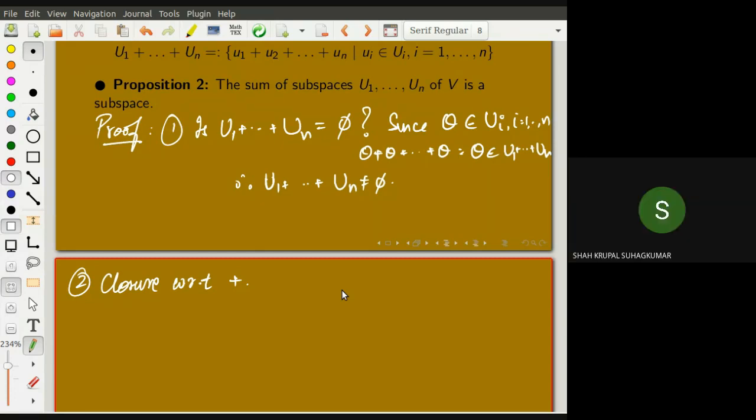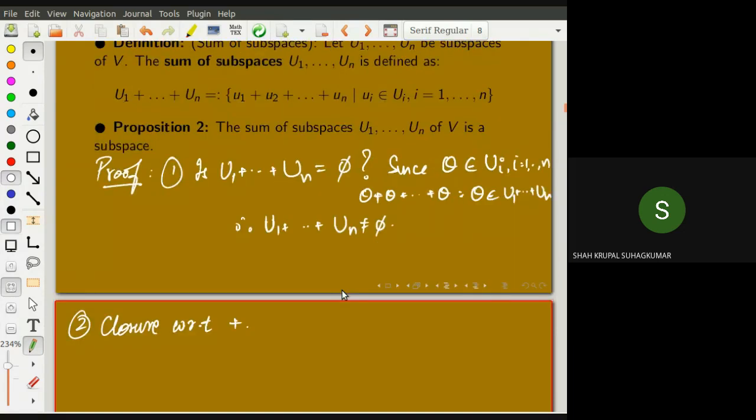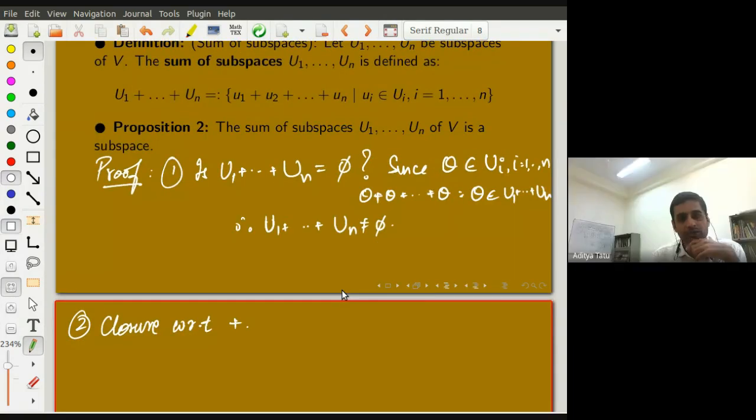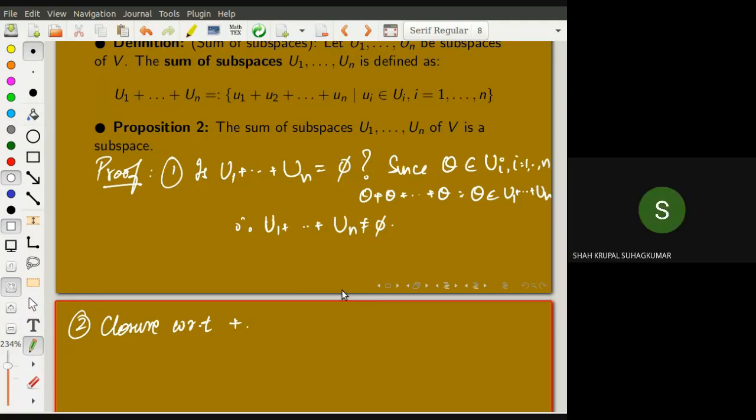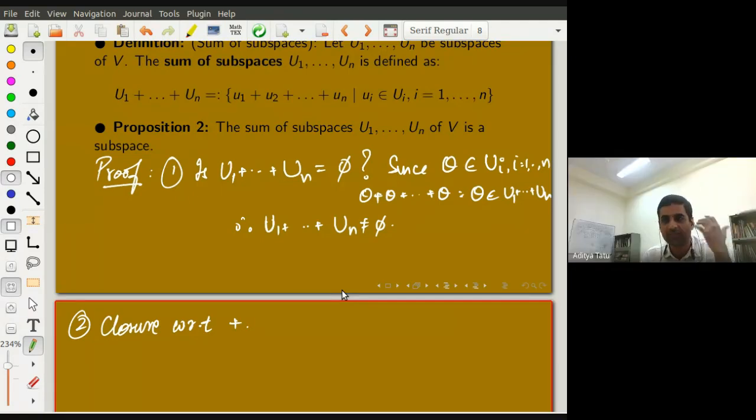Sir, there are some subspaces we believe, like a group of lines. No, it could be a group of lines. It could be just the origin, right? Any subspace. The set that contains only the origin also is a subspace. A line passing through the origin is also a subspace. A plane also is a subspace.